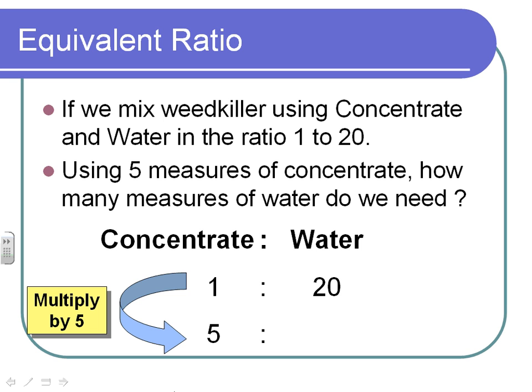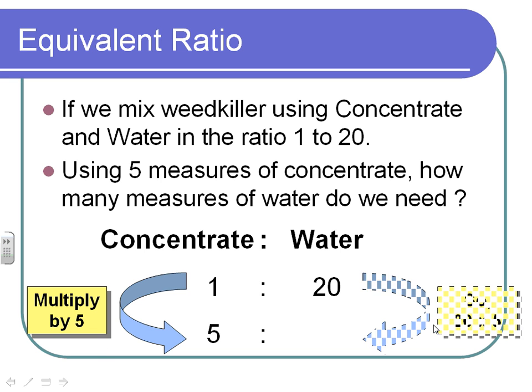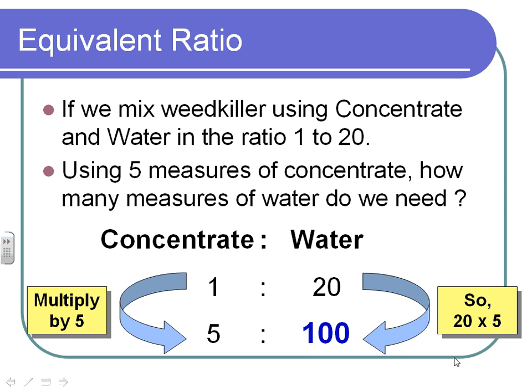So kind of like we do with fractions, we look to see what we did to convert one to the other. In this case, to get from 1 unit to 5 units, we multiplied by 5. So we would do the exact same thing to water. To get the quantity for 20 units, we multiply it by 5, and we would need 100. So we are saying that the ratio of 1 to 20 is equivalent to the ratio of 5 to 100.